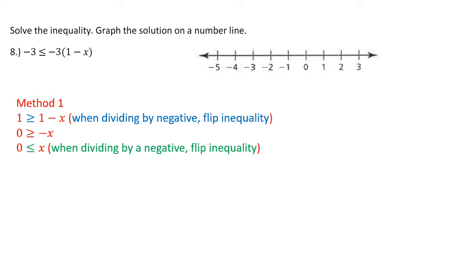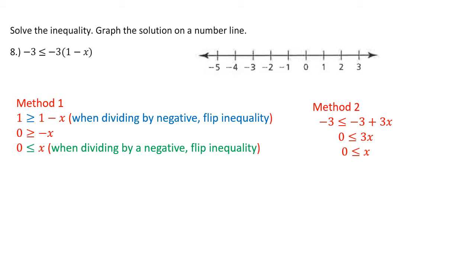I'm going to graph this towards the end. Another possibility is to, in fact, distribute and then add the -3 to both sides, divide by 3, and in this situation, instead of having the double flip in method 1, I flipped in blue and I flipped in green.